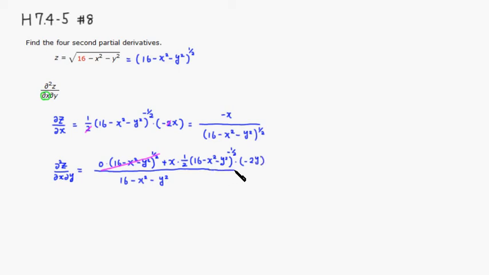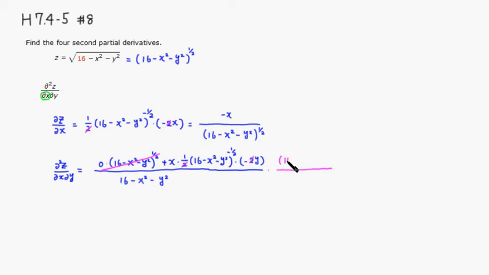So we can clean it up a little bit. You have a 2 here and a 2 on the bottom, which cancel out. And I don't like having this big quantity with the negative power, so I'm going to multiply top and bottom by its reciprocal so that we can get rid of it.